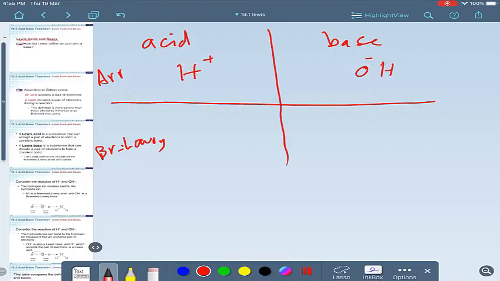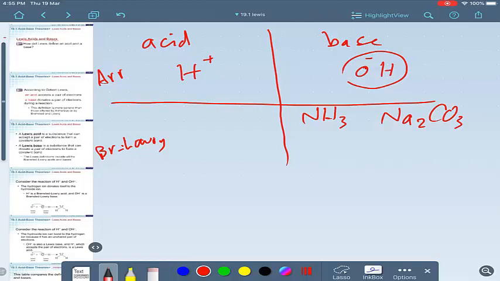Bronsted-Lowry theory said something else, because they found some compounds don't have OH, but they are bases, or they behave as bases, like NH3, if you remember, and sodium carbonate, Na2CO3.